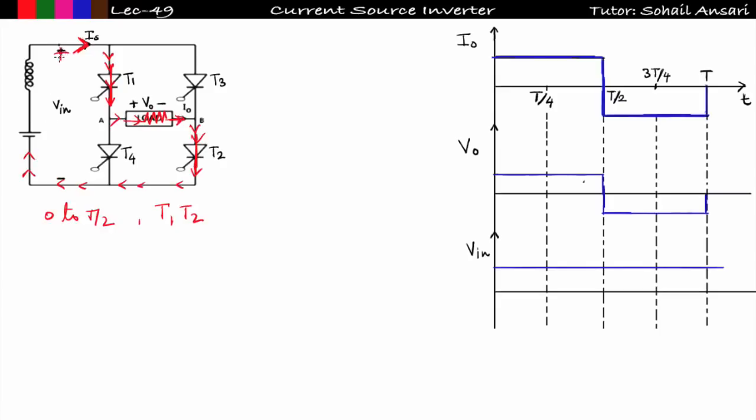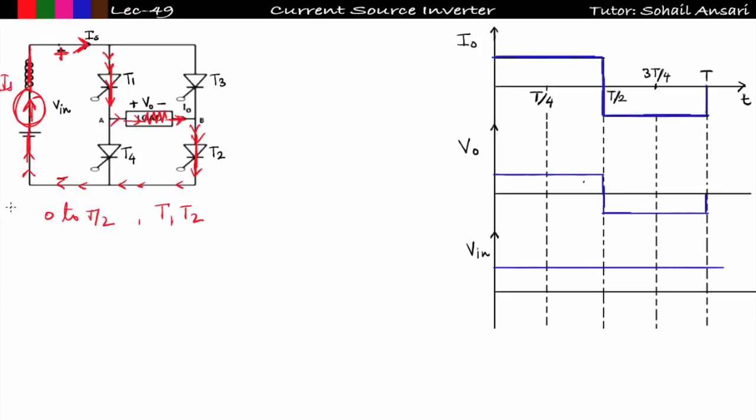So this is my input voltage Vin, and we can replace this voltage source in series with the inductor with one current source. This is my current source having a value equal to Is.